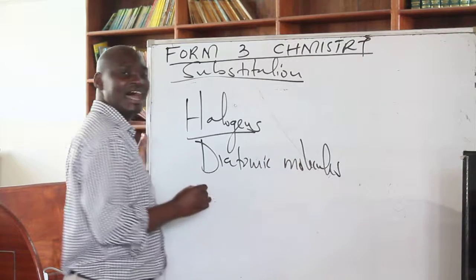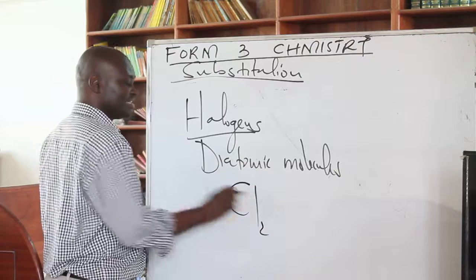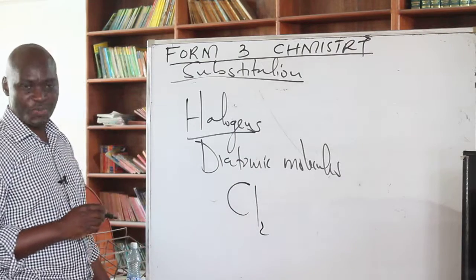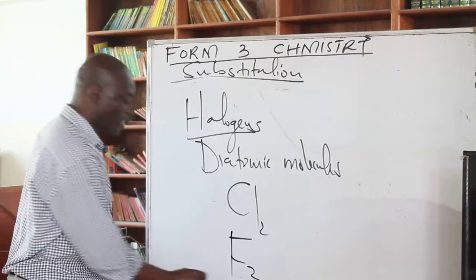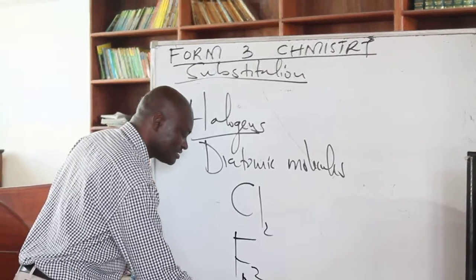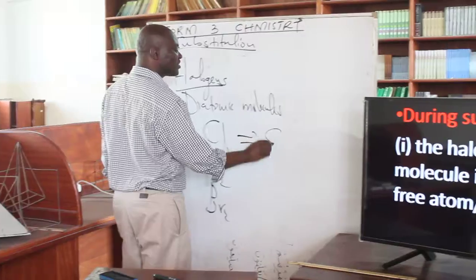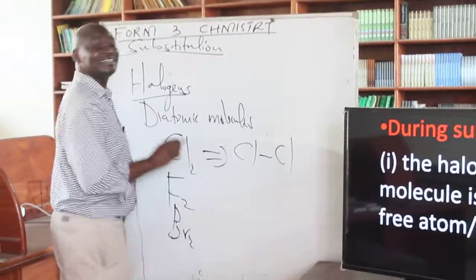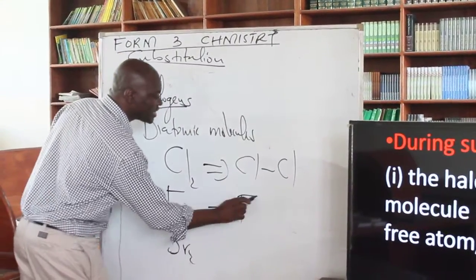If it is chlorine, it is Cl2. Fluorine, bromine, like that. Meaning here, we have a chlorine covalent bond.